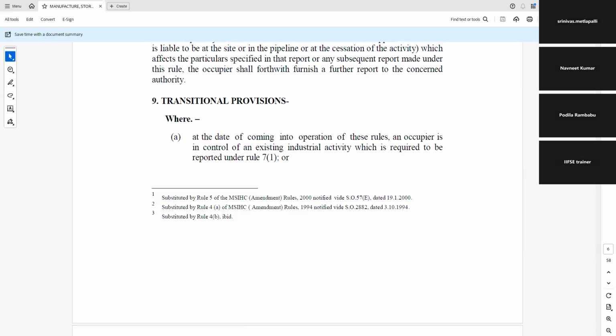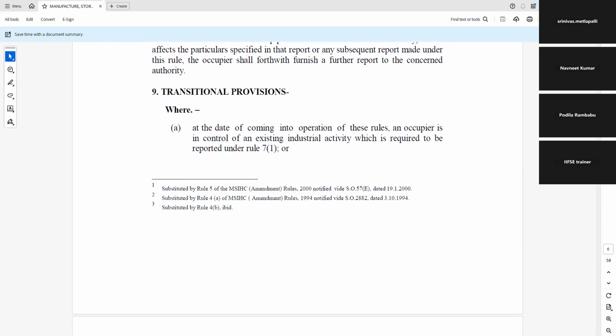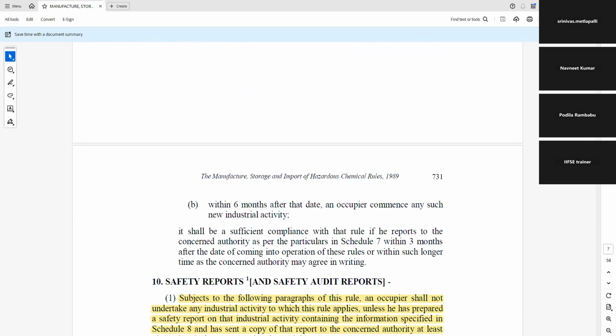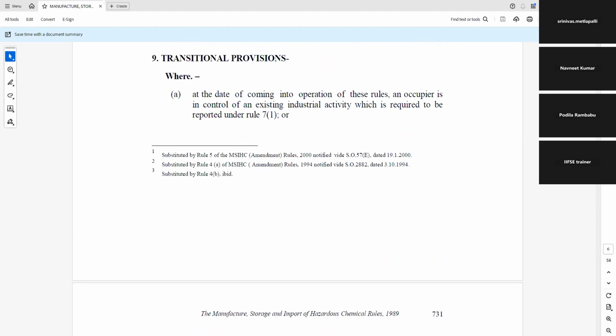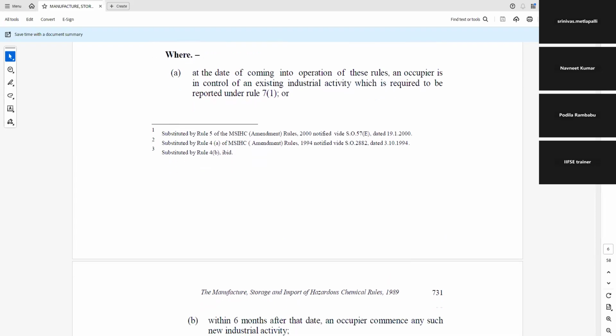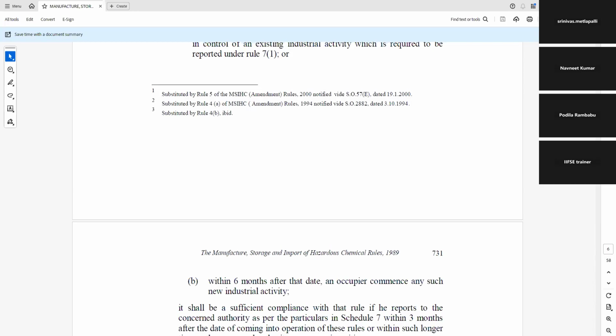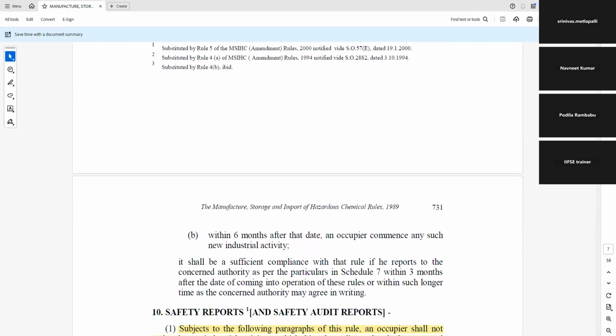Then transitional provision. Where at the date of coming into operation of these rules, an occupier is in control of an existing industrial activity which is required to be reported under 7.1, or within 6 months after the date the occupier commences any such new industrial activities. So existing industries, from the date it came in, within the 6 months, they have to notify the authorities.